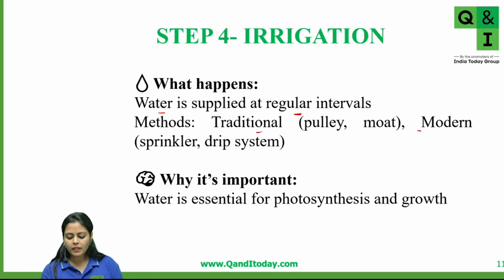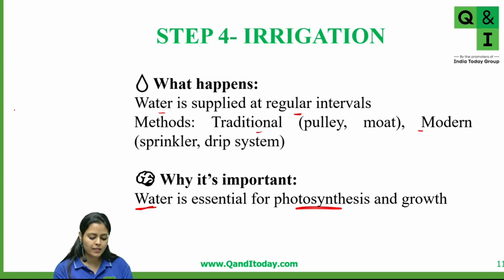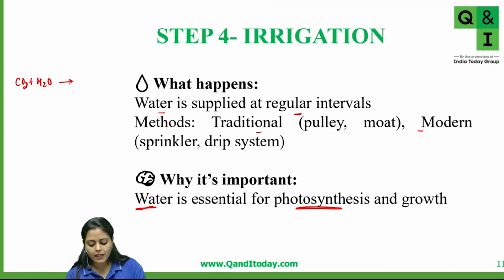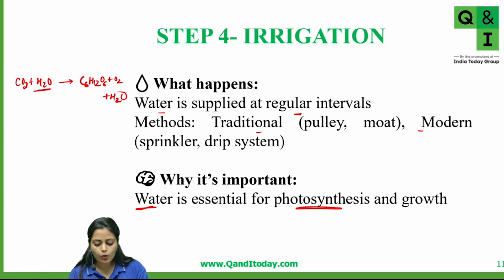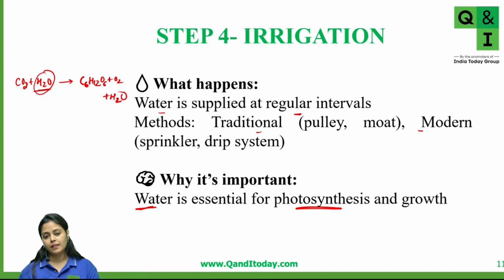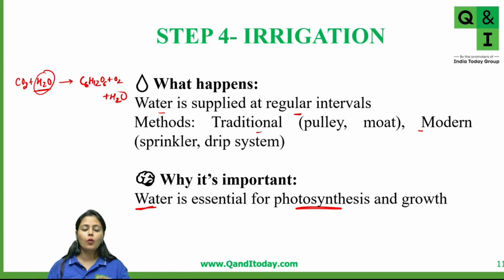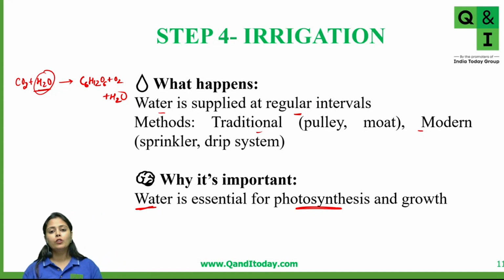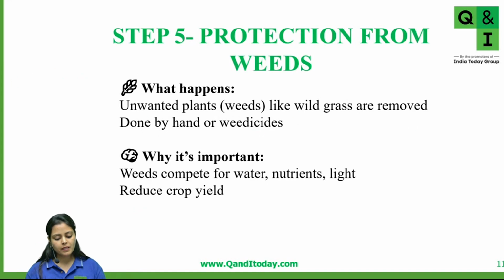So, traditional methods and modern methods are present for supplying water into the fields. Why is water important? Because water is essential for photosynthesis. Recall the equation of photosynthesis. In the equation itself, water is coming. That means water is used as a raw material for photosynthesis. So for performing photosynthesis, water is essential. For proper growth and maintenance of the plant, water is essential.